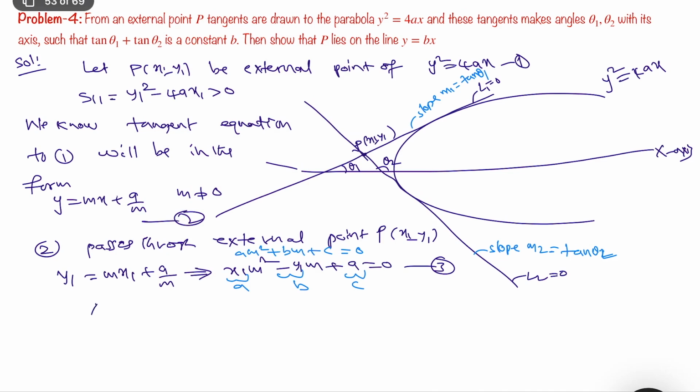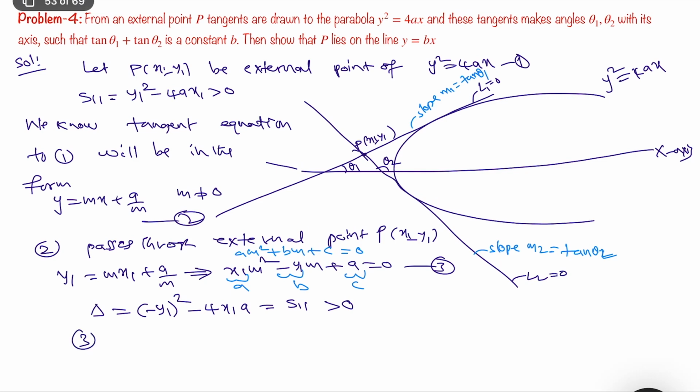Now the discriminant of this quadratic equation is going to be B square minus 4AC, that is y1 square minus 4x1a. So this is going to be S11, which is positive, as x1, y1 is an external point.